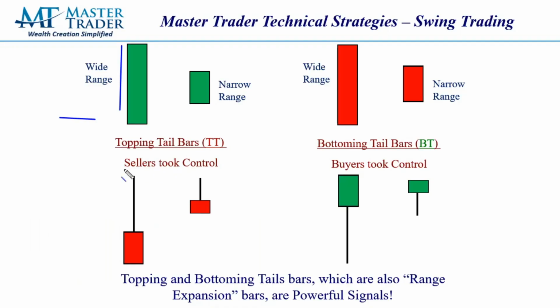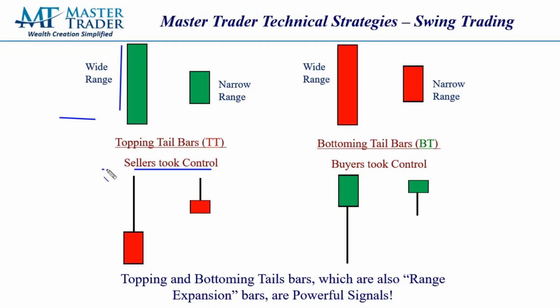Simple. If there was a green bar and it turned into a topping tail bar, it was bullish prior to completing its time period, and then it turned into a topping tail bar, and we say that sellers took control. Very simple. Now put it in the context of a trend.